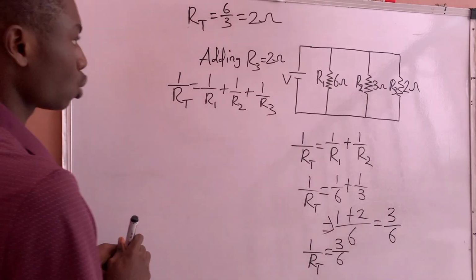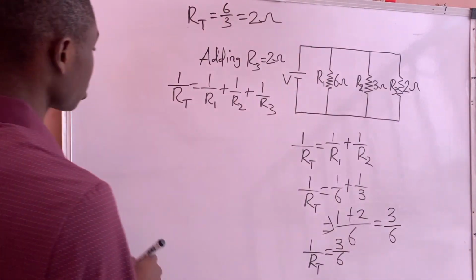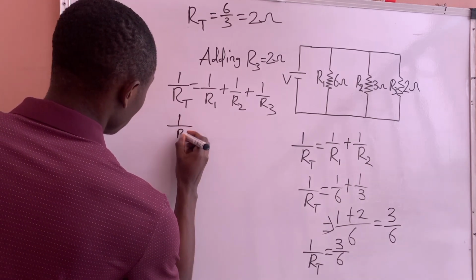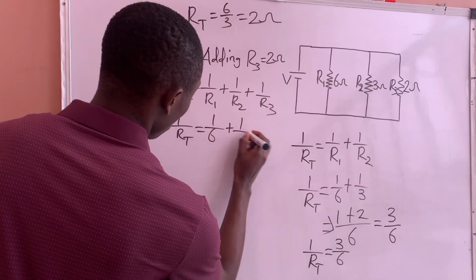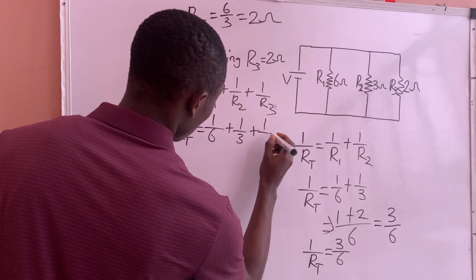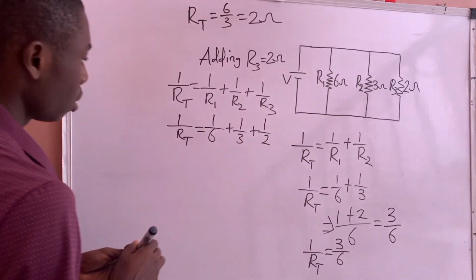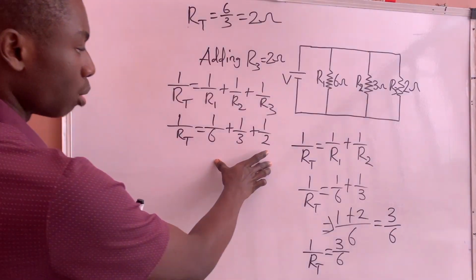So at this point, we can substitute the values of the individual resistances: 1 over RT equals 1 over 6 plus 1 over 3 plus 1 over 2 ohms. We need to take the LCM of the right hand side.